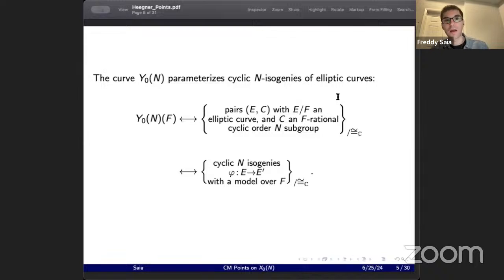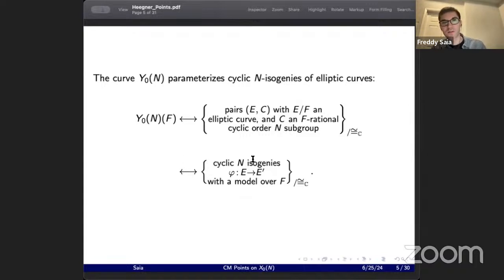I mean the absolute Galois group of F fixes C. Or equivalently, and this will be more the advantage in this talk, it's parameterizing cyclic n-isogenies of elliptic curves over whatever number field, say F, you want to put here.